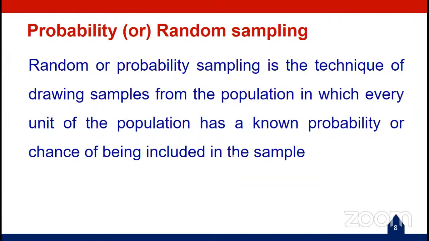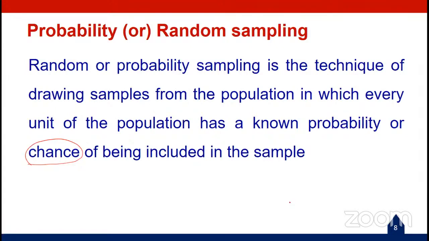That is, the selection of the sampling units is dependent on the probability. So there is no place for the personal judgment or preference of the investigator. Everything we leave to chance. So the selection of the individuals is entirely dependent on chance.